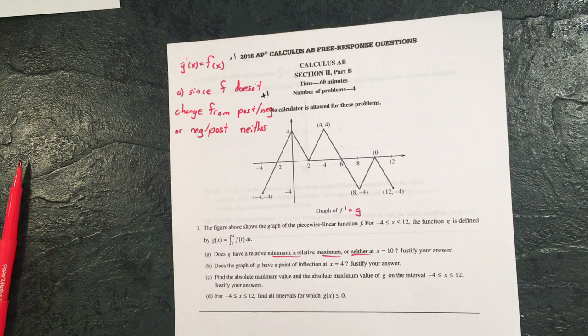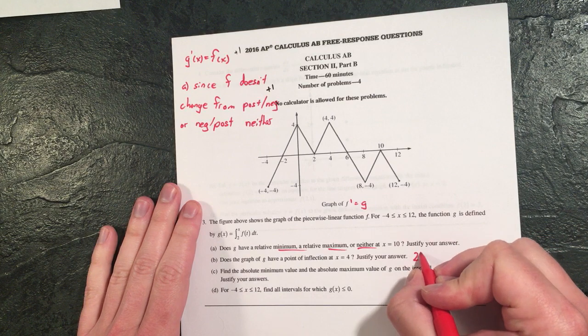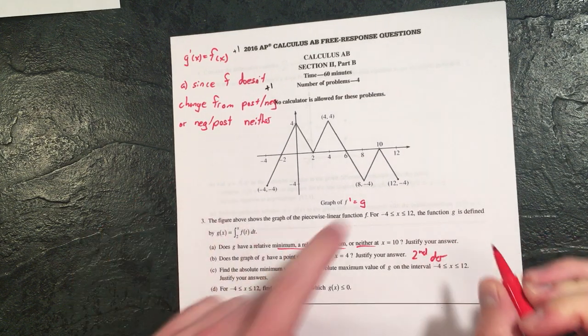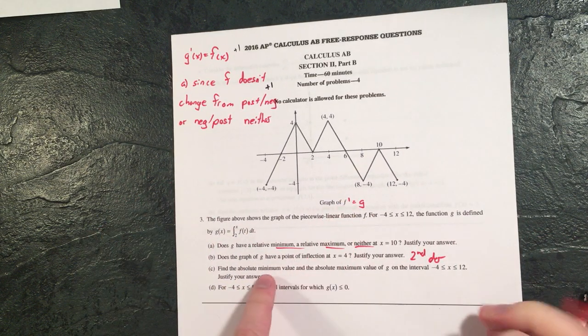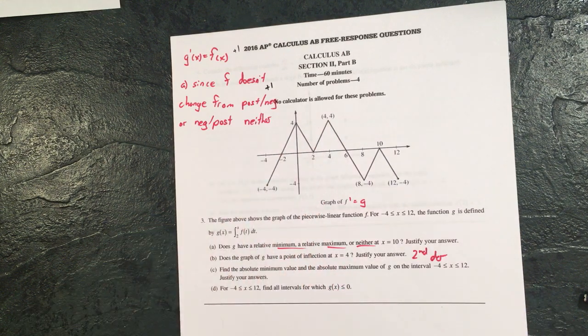Okay, on to question 2. Does the graph of f or g have a point of inflection at x equals 4? So remember, points of inflection, that's the second derivative. So since this is really the first one, we want to know, will it have one here at 4, a second derivative? Well, let's see what's going on here.